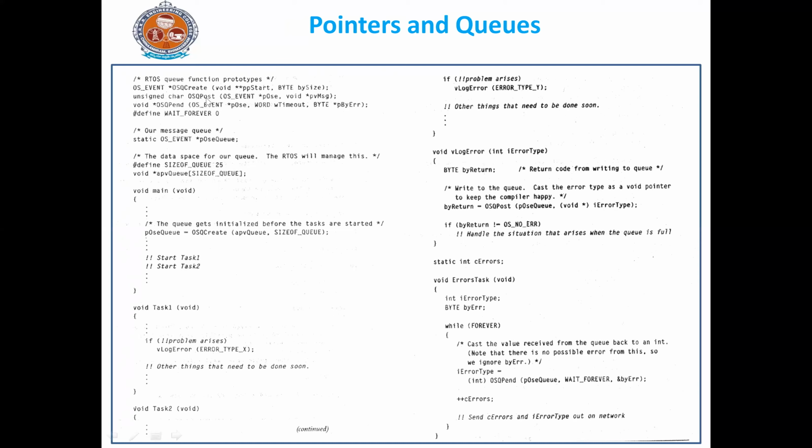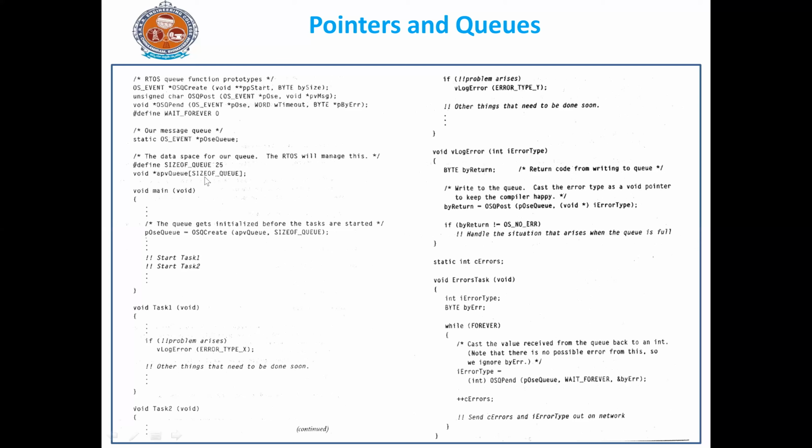Post is for writing onto the queue and pend is for reading from the queue. These are the two reading and writing functions. And this is the queue that has been created, POS EQ, and this is the queue size. So 25 is the queue size.